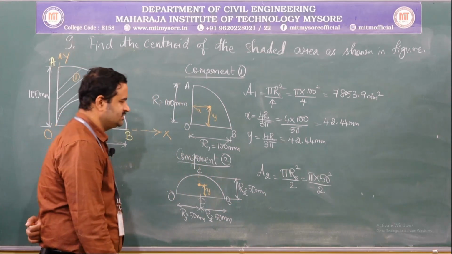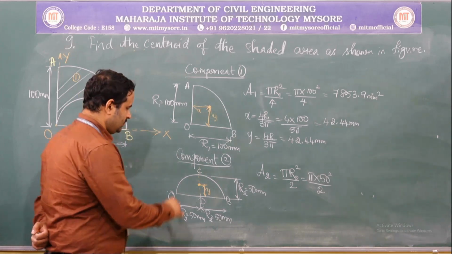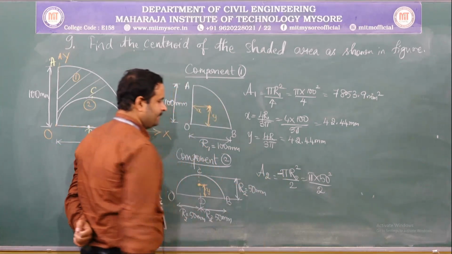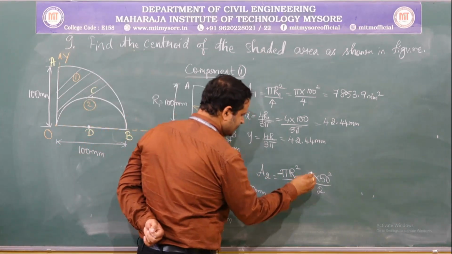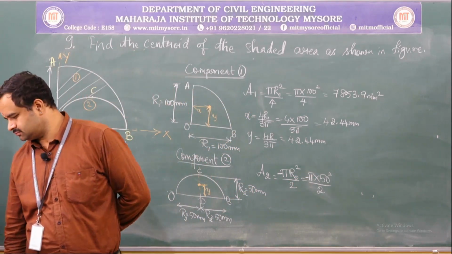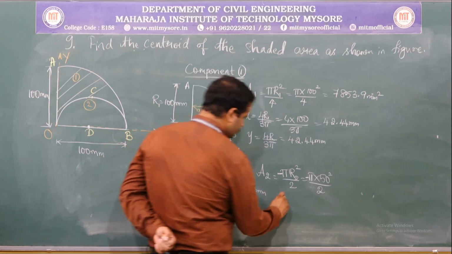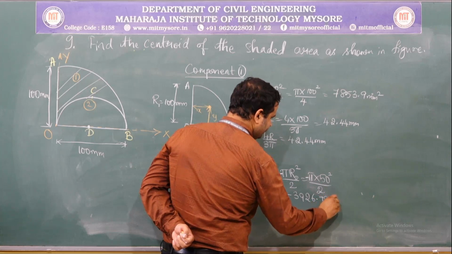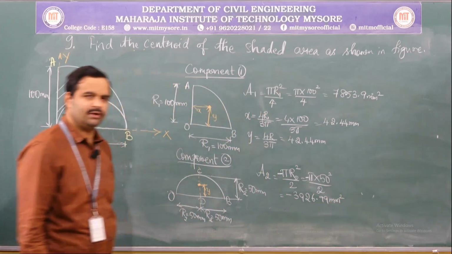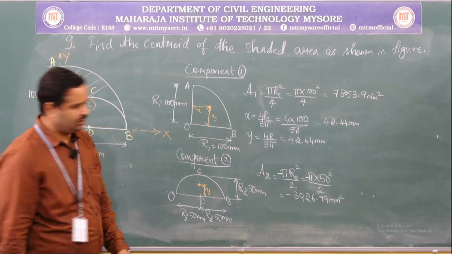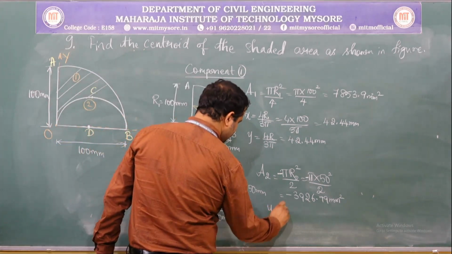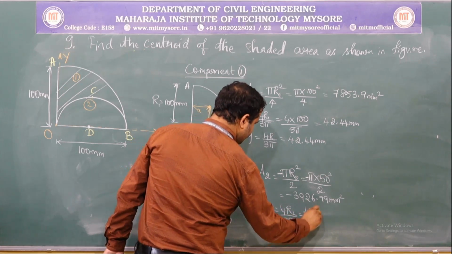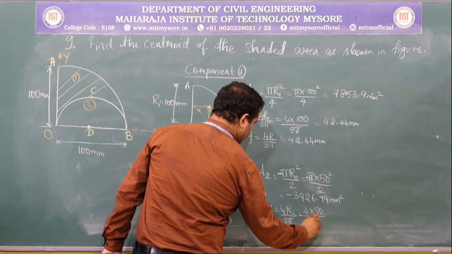Okay. Now, this is pi into 50 square by 2, and this is the part that is being removed, so minus sign, and again here minus sign. Pi r square by 2 is minus 3926.99 mm square, and its y component is equal to 4r2 by 3 pi, which is 4 into 50 by 3 pi.